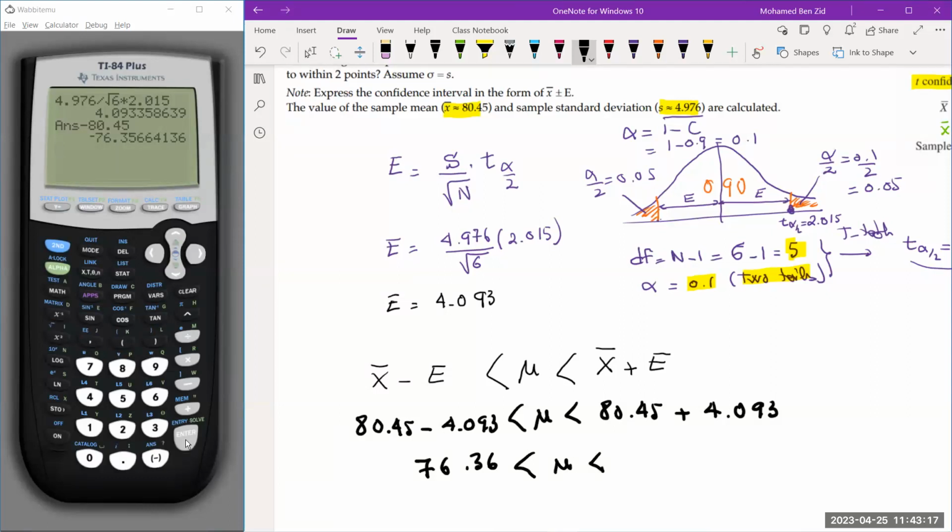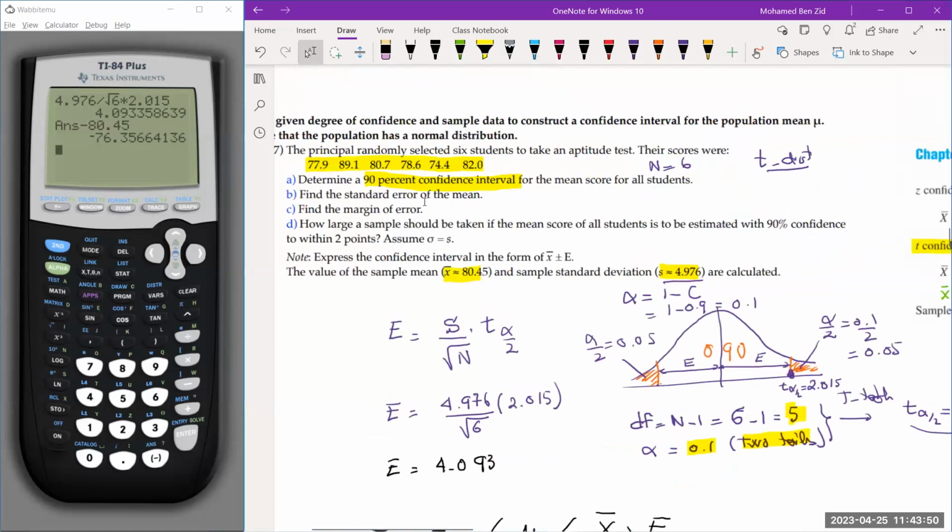And this we can add, I think is easier. So it's going to be 84.543. Okay, and we can take the 3 away. So this is your confidence interval. You're going to be between 76.36 and 84.54. All right.